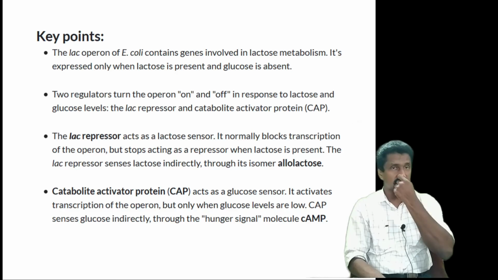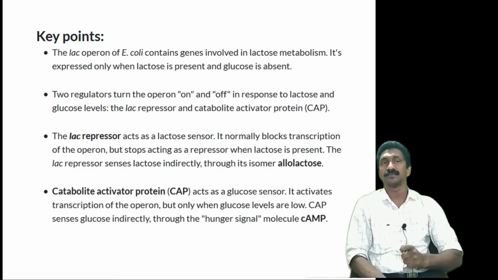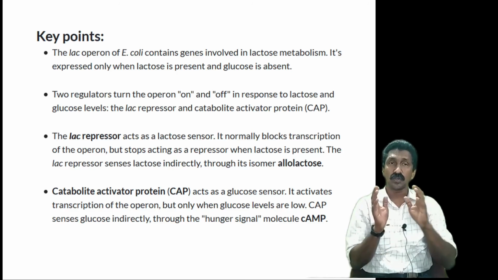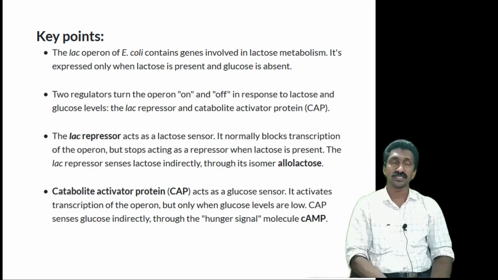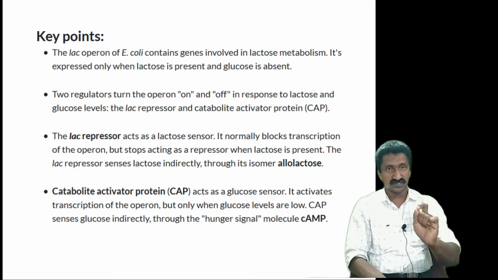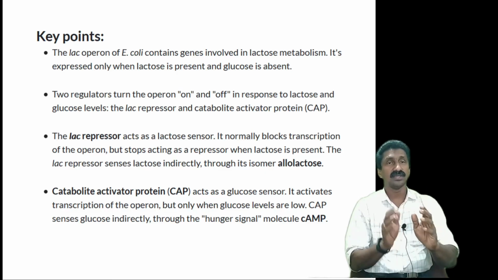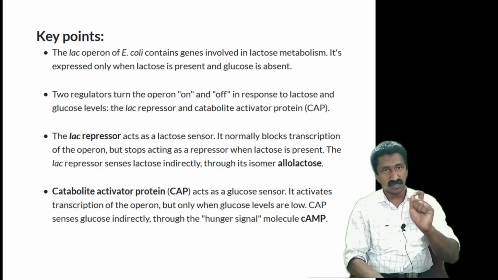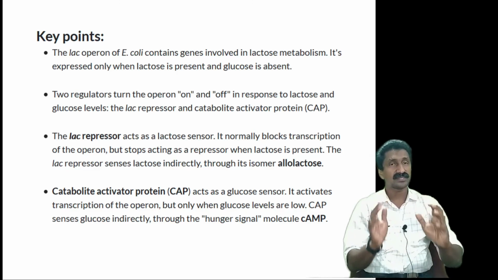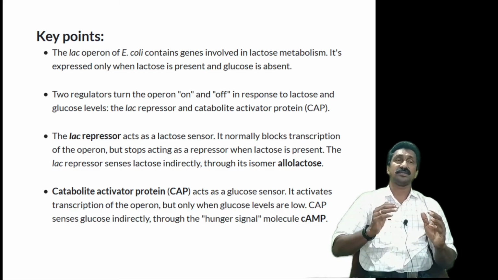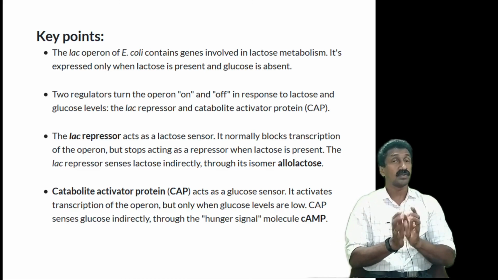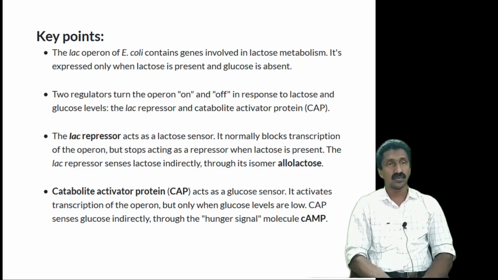The lac repressor acts as a lactose sensor. It normally blocks transcription of the operon but stops acting as a repressor when lactose is present. The lac repressor senses lactose indirectly through its isomer allolactose. Catabolite activating protein, or CAP, acts as a glucose sensor and it activates transcription of the operon but only when glucose levels are low.